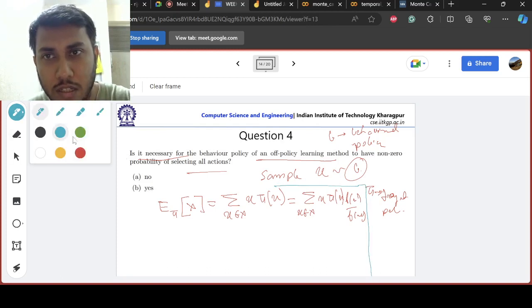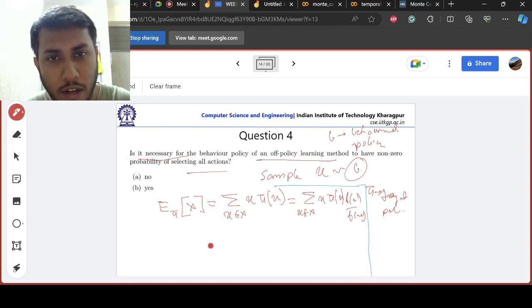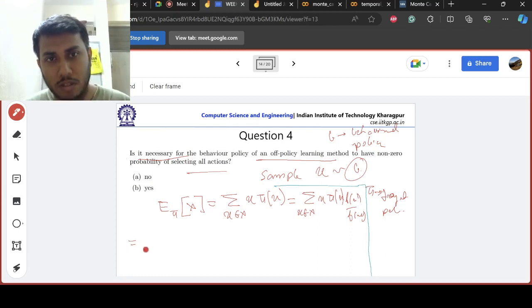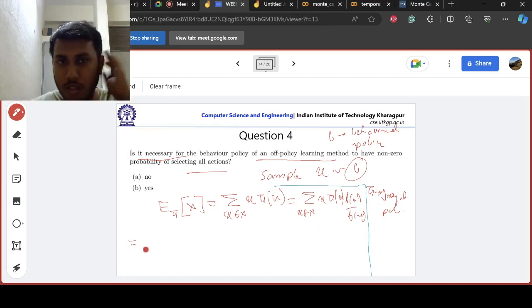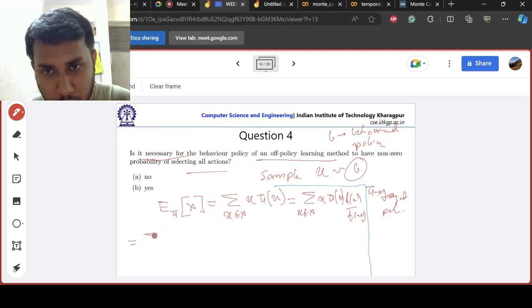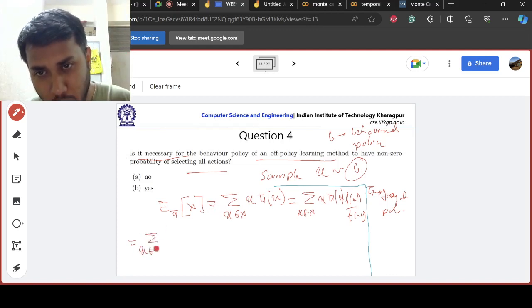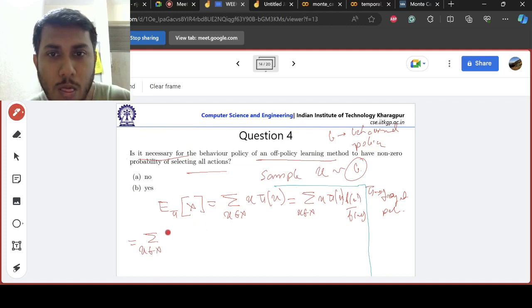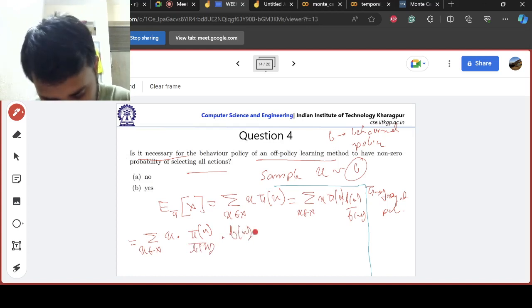Now we can again write it as the sum over x belonging to X of x times pi of x by b of x times b of x.